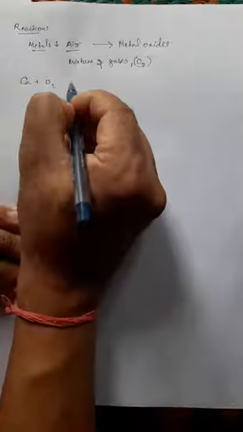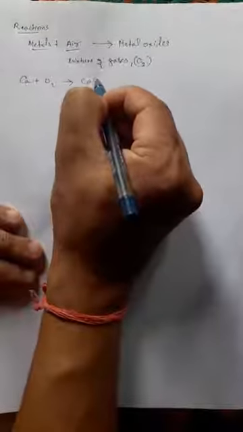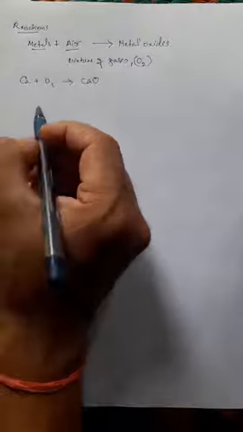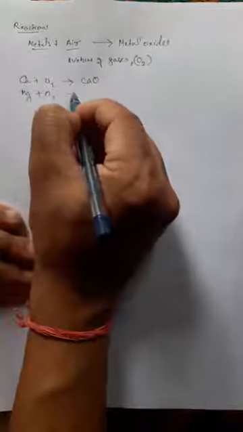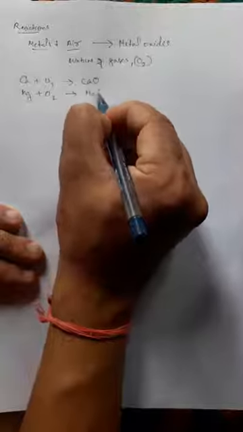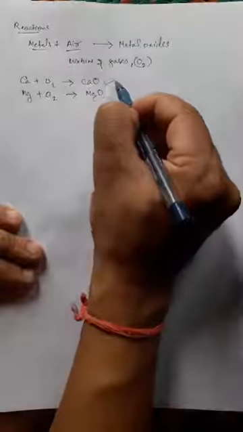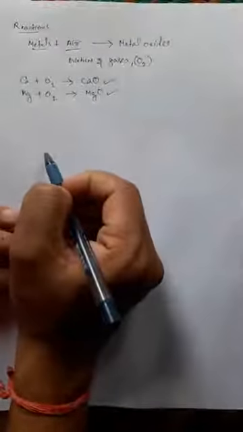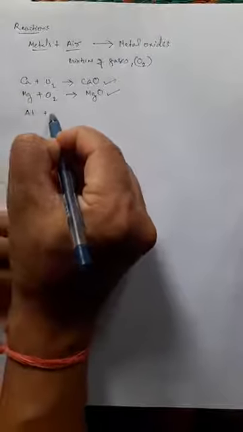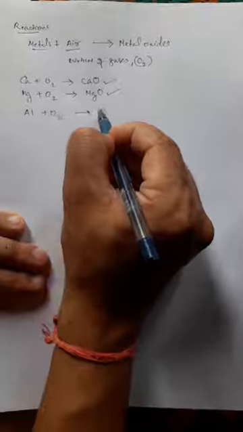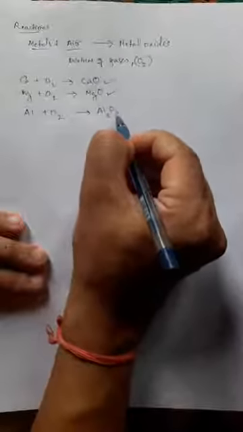Calcium reacts with air, so oxygen, we can write Ca, this is calcium oxide, a metal oxide. Magnesium reacts with oxygen, that is the air, it will form MgO. So these are examples of metal oxides. Likewise, aluminum reacts with oxygen or air to give you aluminum oxide, Al2O3.